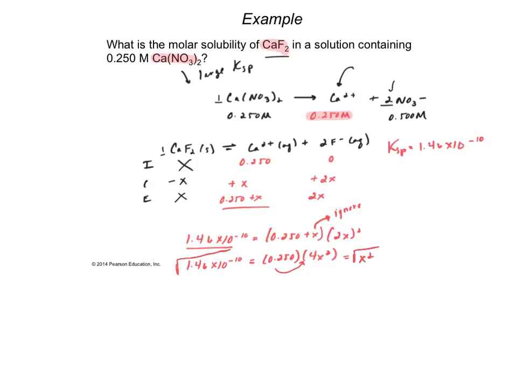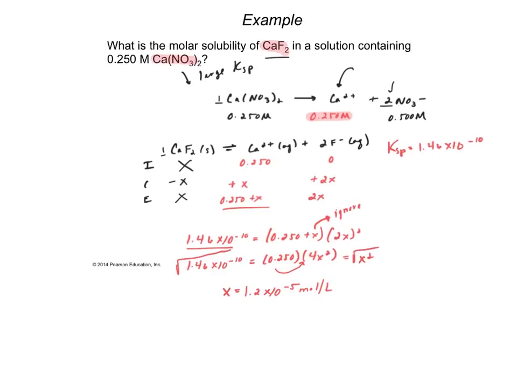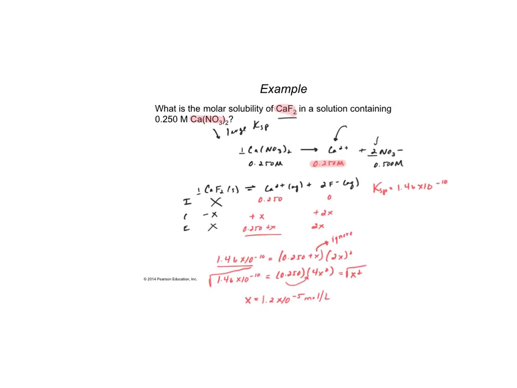It's going to leave me with an x equal to 1.2 times 10 to the minus 5, and that's in moles per liter. Because what they're asking us here is the molar solubility for calcium fluoride in a solution that contains 0.25 molar calcium, the common ion. And so we found that this is the molar solubility for calcium fluoride in this solution.